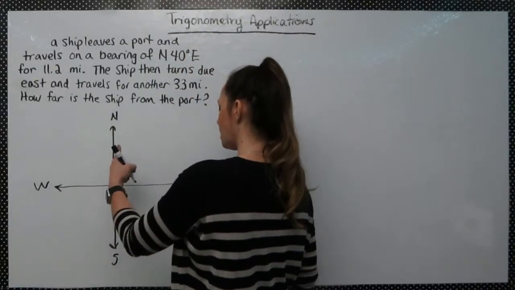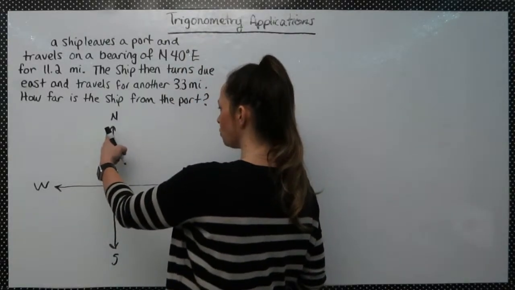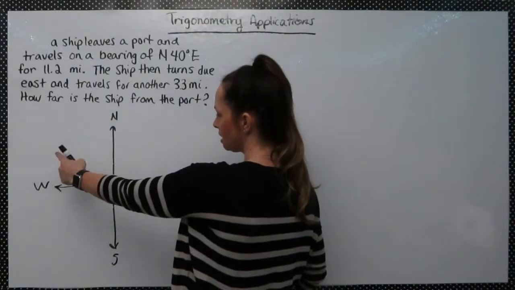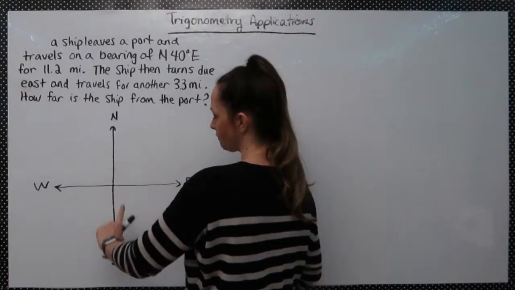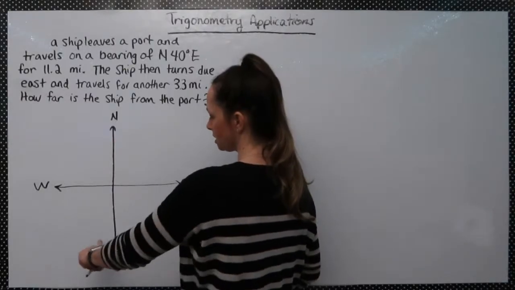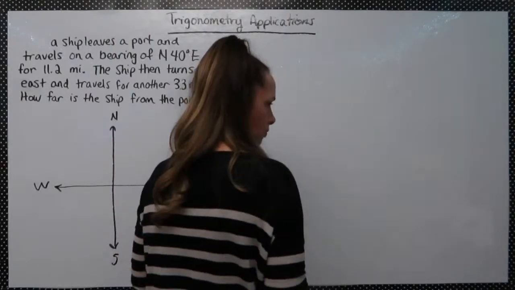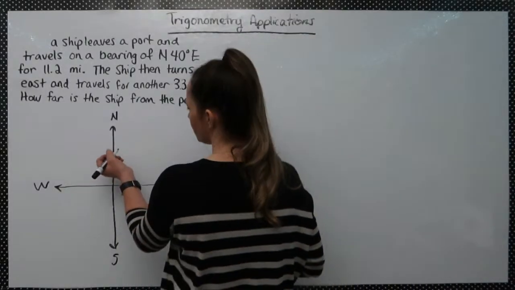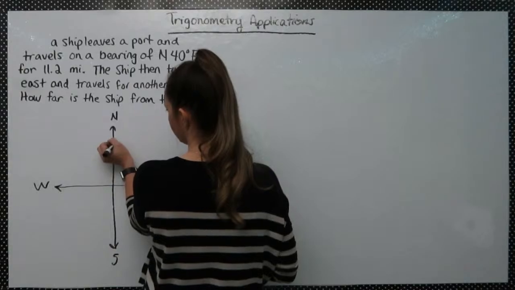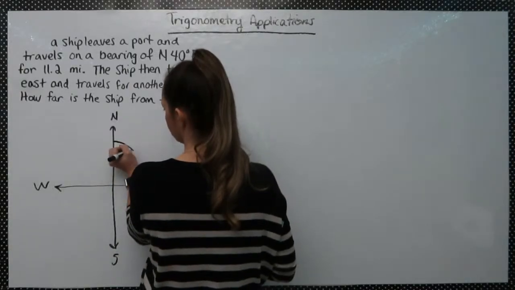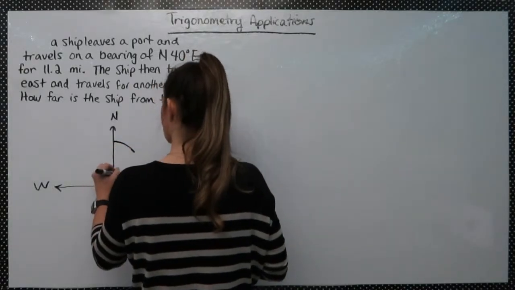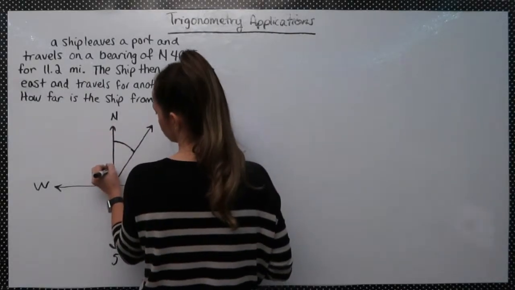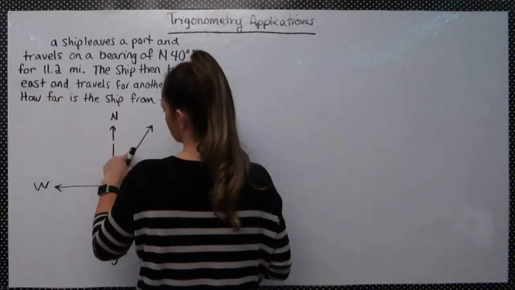So if you have a north bearing, you're going to be traveling east or west. And if you have a south bearing, you would be traveling west or east. So this problem says north 40 degrees east. Bearing is always out of the north, so you're going to find a 40-degree angle and draw your bearing. So this is 40 degrees. Draw it a little bit smaller.